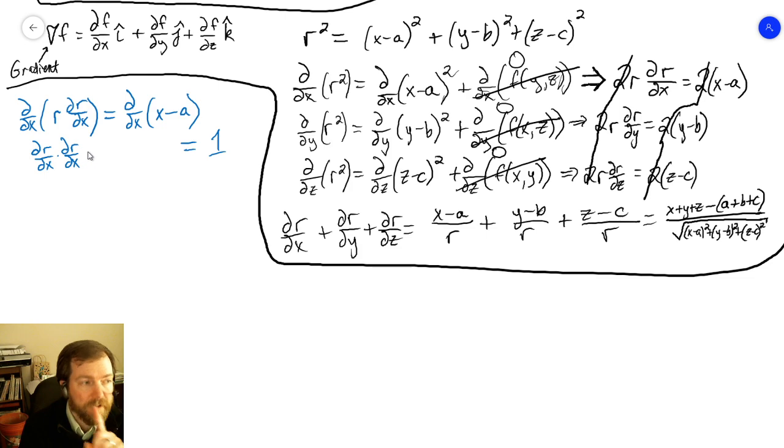That's just multiplied by, not second derivative. Then we take r times the second derivative of r with respect to x twice. So the second derivative of r with respect to x is going to be 1 over the partial of r with respect to x, parentheses squared, plus r.